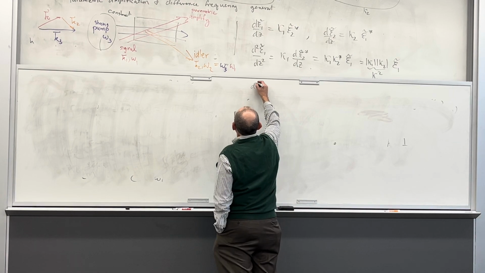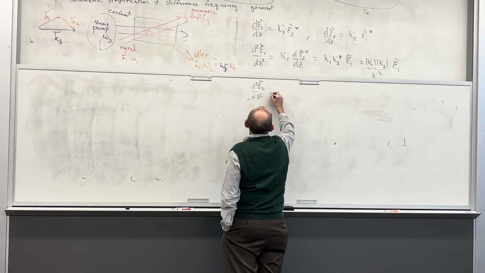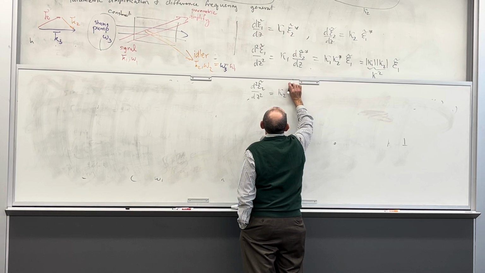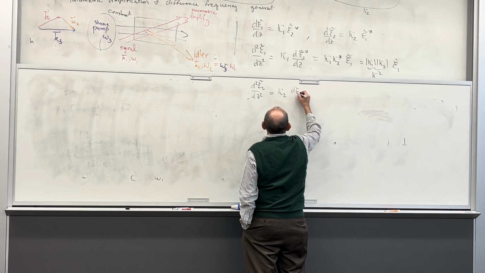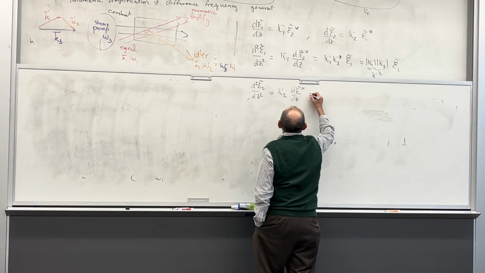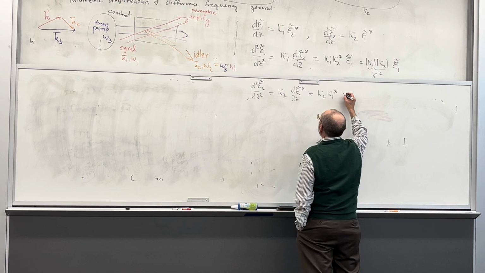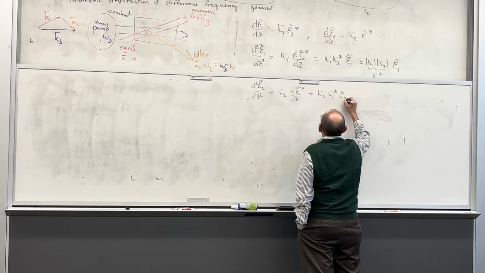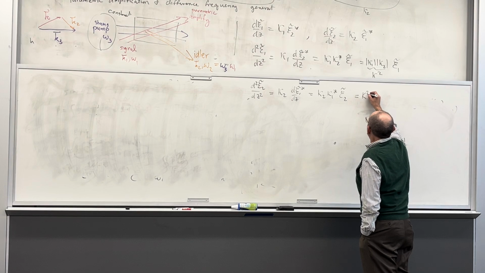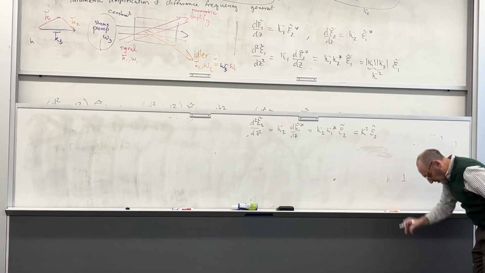If I look at the second derivative of E2, I'm going to get kappa 2 times the derivative with respect to z of E1 star, which is kappa 2, kappa 1 star, E2, which is the same kappa squared E2.